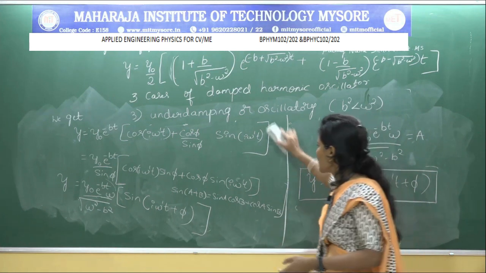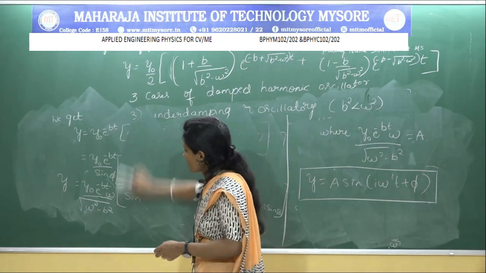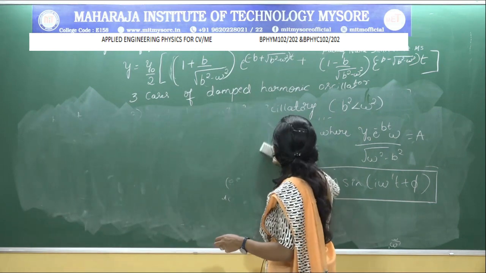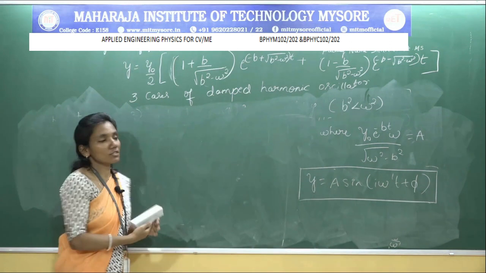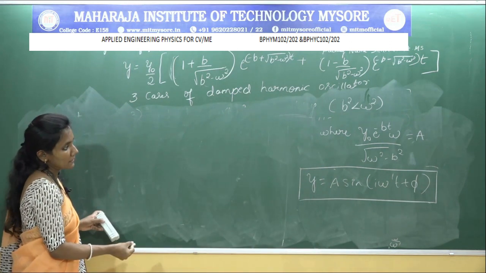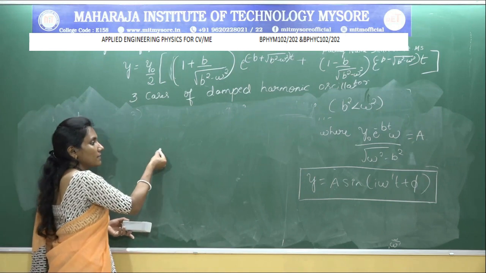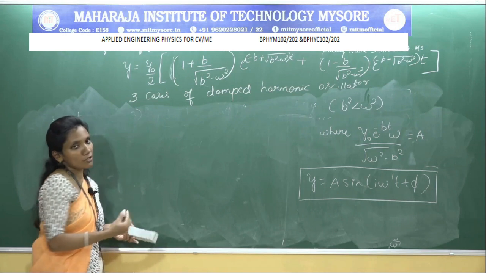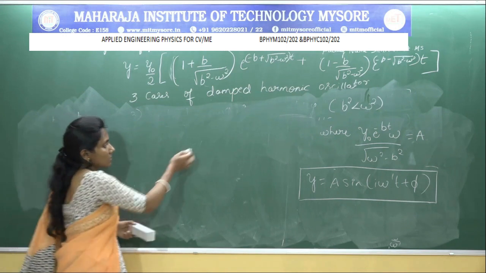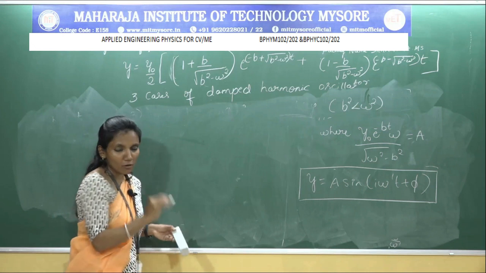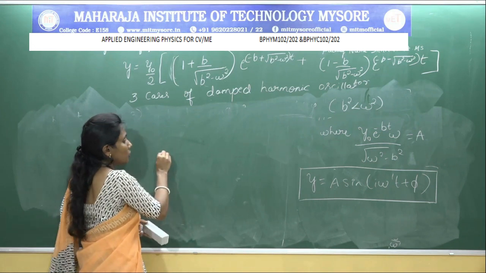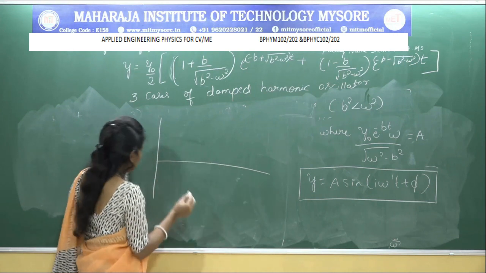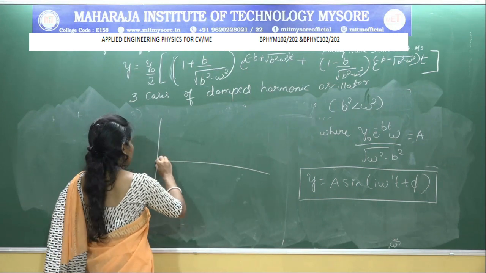So that's why this is the underdamping case. What will happen in this case: when the restoring force and resistive force act on a body such that the body will oscillate, the body will make to and fro oscillations within a finite interval of time, and the amplitude goes on decreasing.